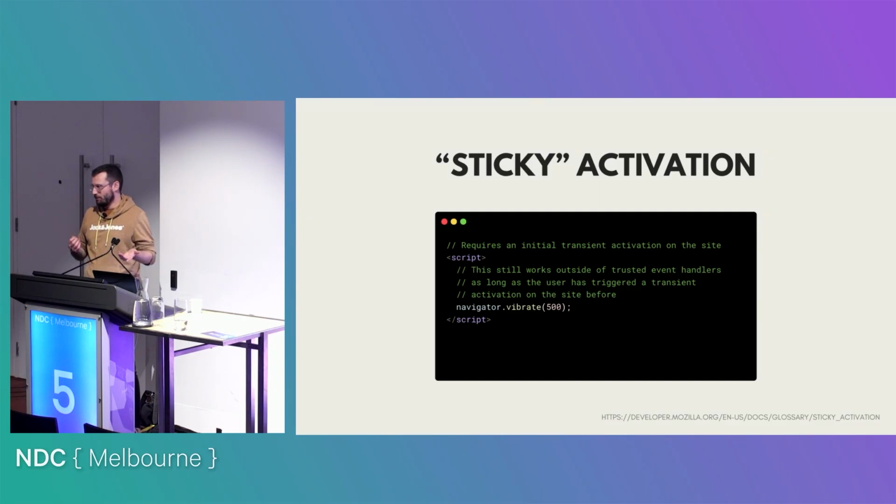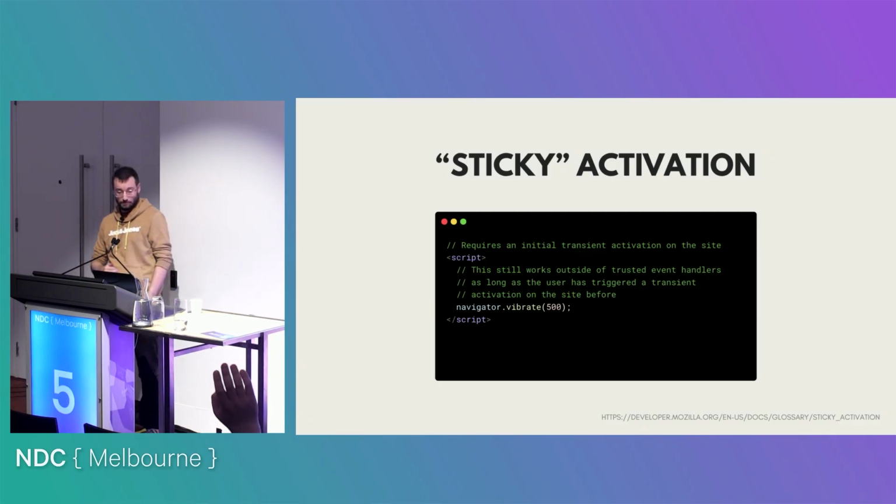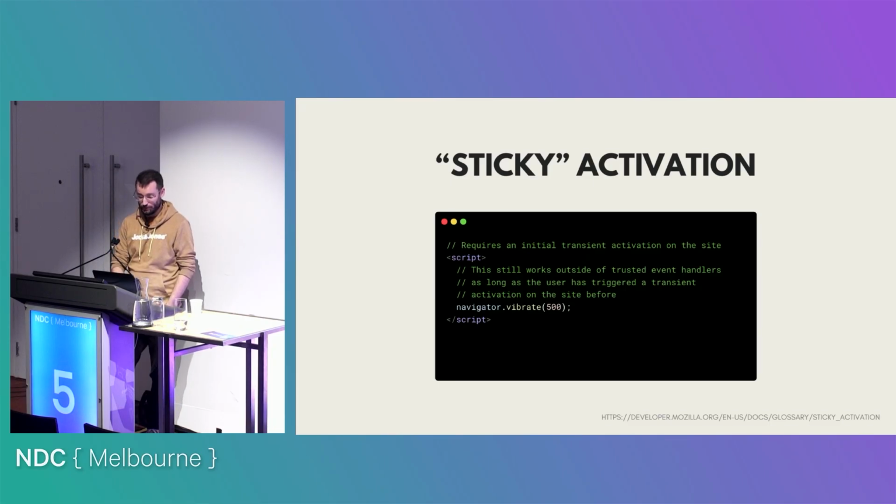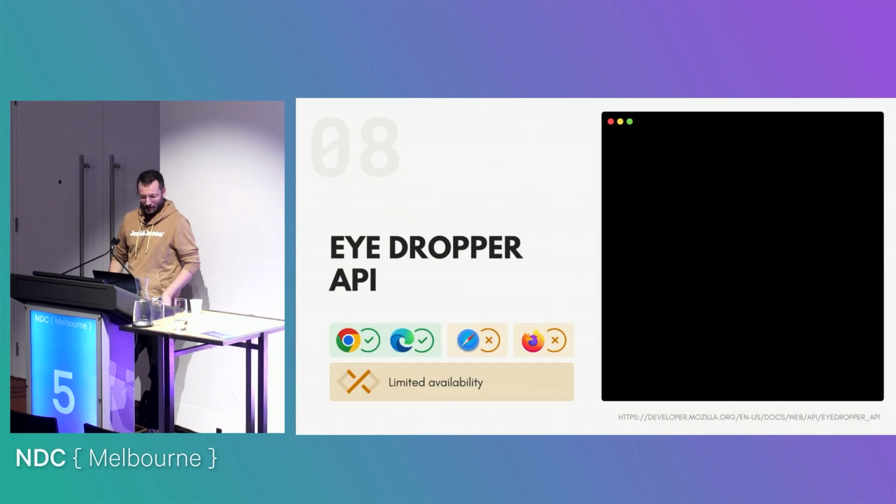One famous example for that you might know is if you ever try to autoplay videos, it will not work unless the user actually did something on your site first. Then you can do it even if they don't click on it to start it, but they have to have done something before. And vibration falls into the same thing. So if you were hoping to just throw that onto your application and vibrate away, not gonna work. Cool.